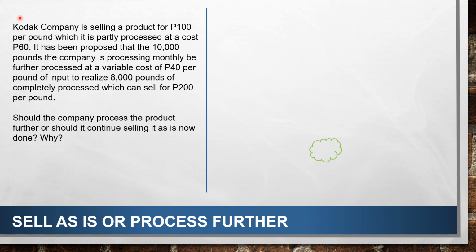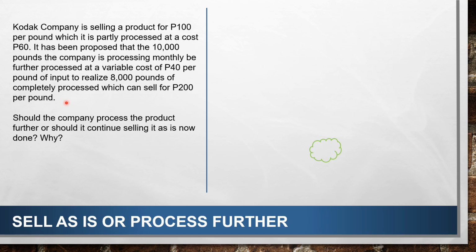So, justify your decision. So, let's just take note the important details of the product. So, Kodak Company is now selling a product, currently selling a partly processed product which it sells at 100. Its initial cost for partly processing that product is 60. So, the proposal is that the 10,000 pounds that the company is processing every month be processed further to produce 8,000 pounds of completely processed product.